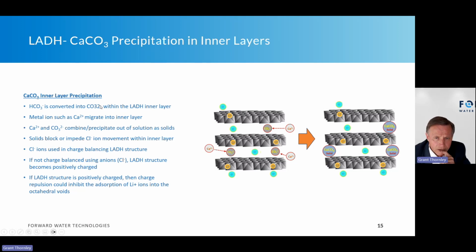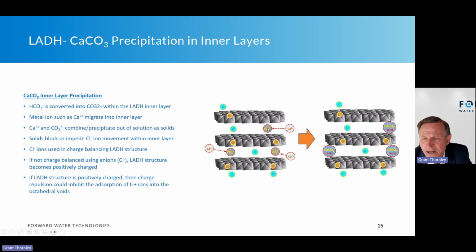And when the bicarbonate comes in here, this is theoretical, but I have some empirical data to show that this is actually happening. The bicarbonate comes into this layer, and through the function that we have, dissociation of the bicarbonate to carbonate.